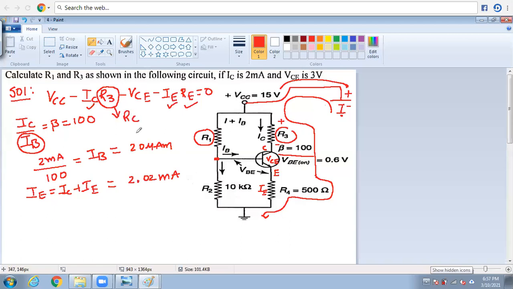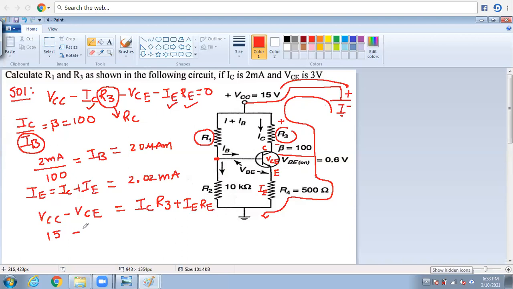So finally, VCC minus VCE equals IC into R3 plus IE into RE. VCC is given by the examiner as 15 volts.